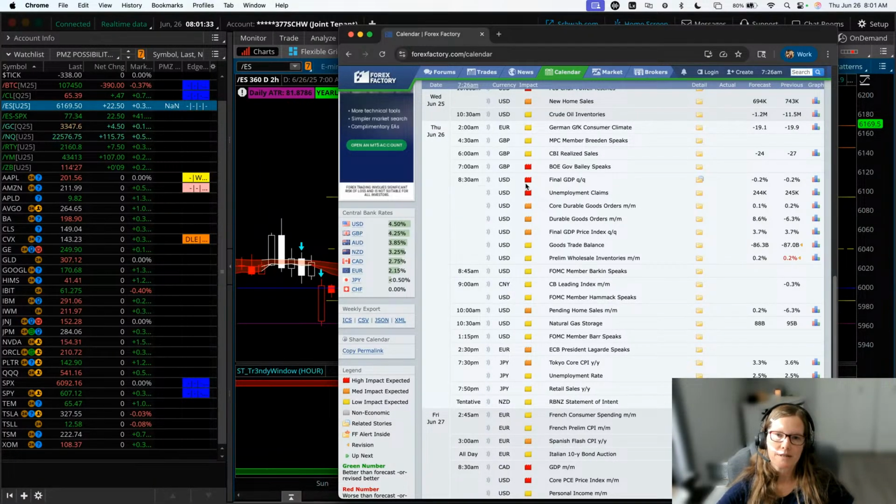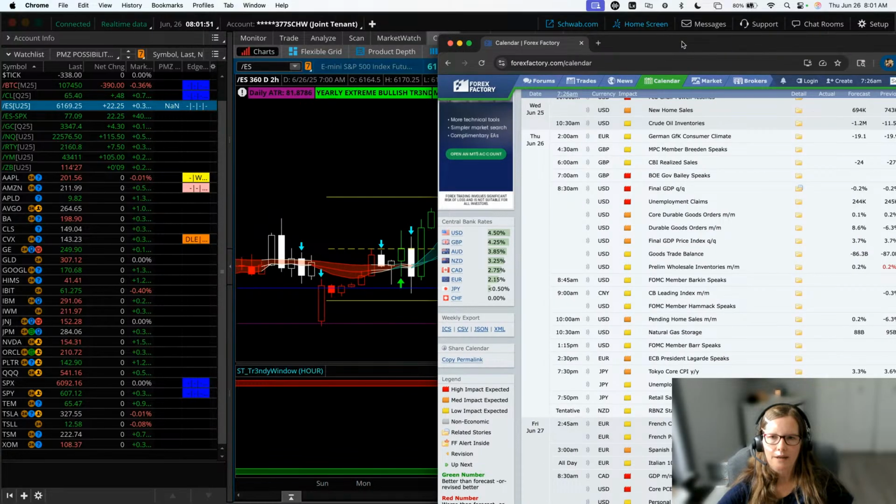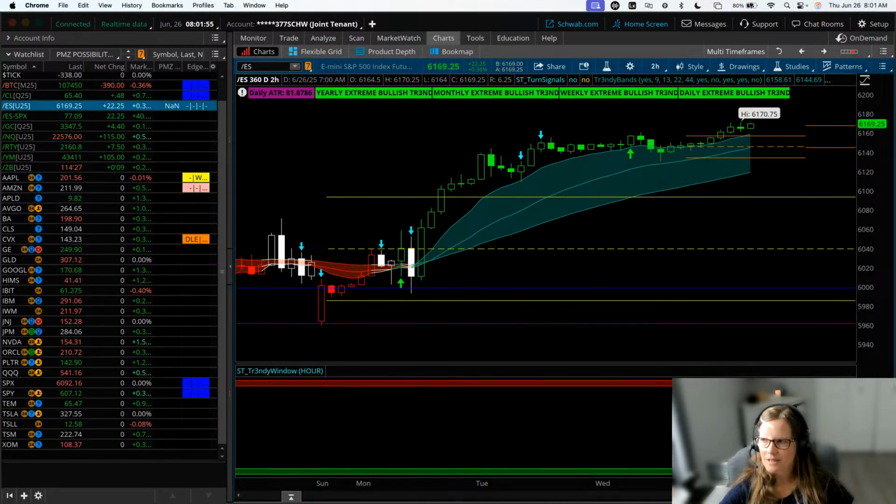Now these here with the red folders, those red folders are indicating a more dramatic influence on price action possibility. So at 11:30 Eastern time, I know that that data is coming out and I just need to be aware that it is there.